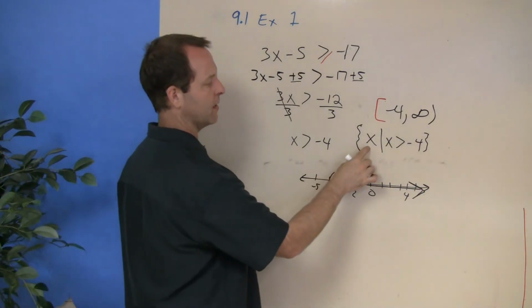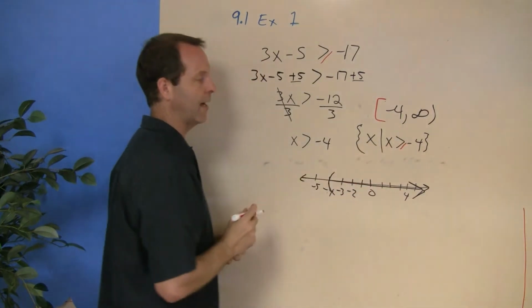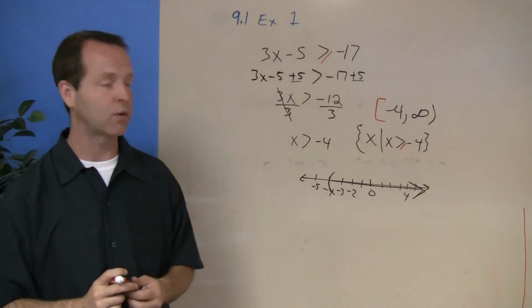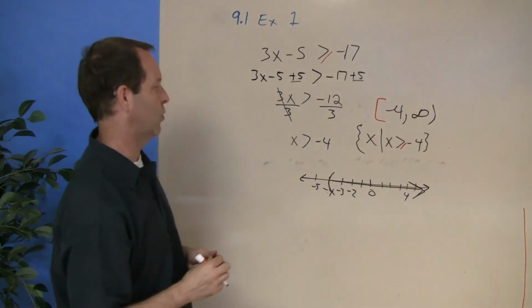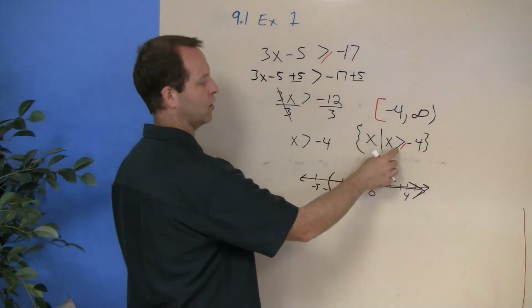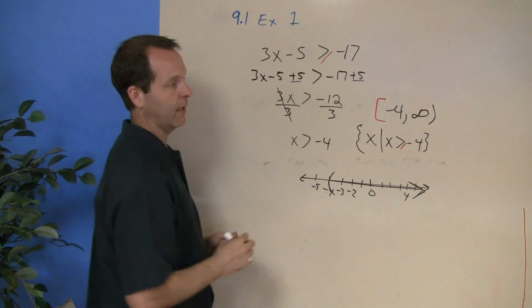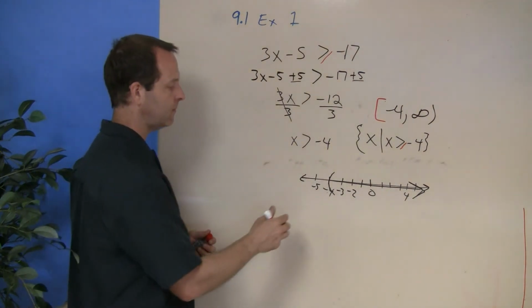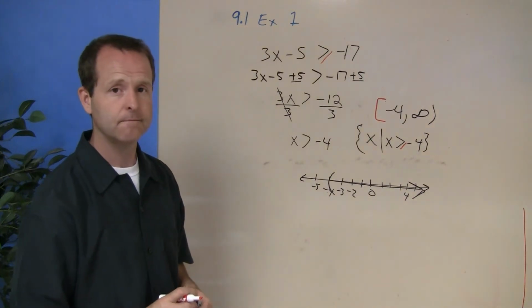In set builder notation, it's exactly the same, except I'll make sure that x is greater than or equal to negative 4. All x such that x is greater than or equal to negative 4. And lastly, in the graphical solution, instead of this open parenthesis, can you guess what I'm going to put down there?